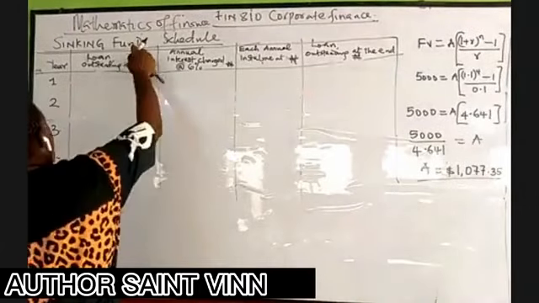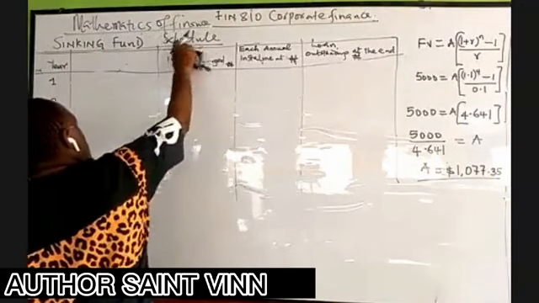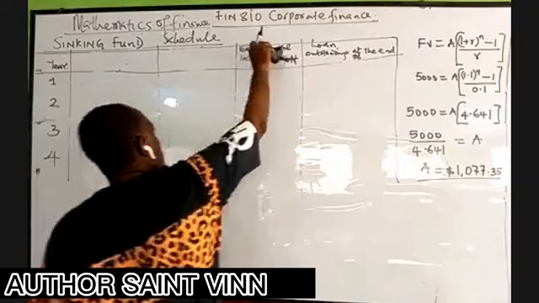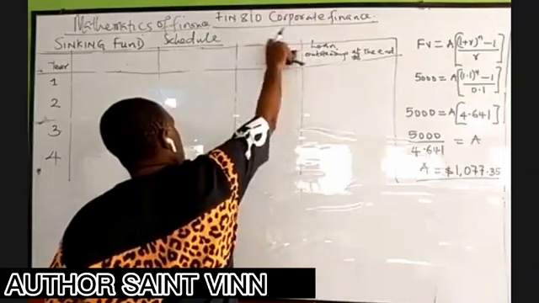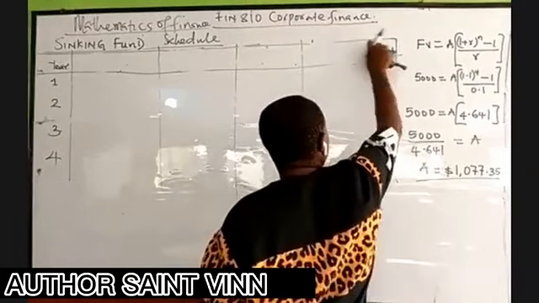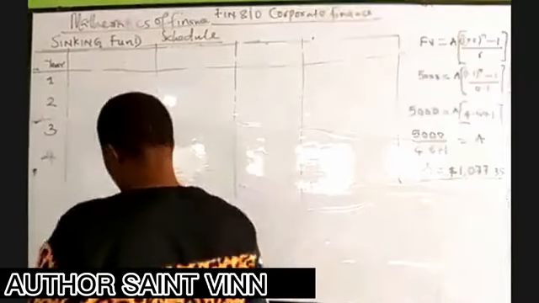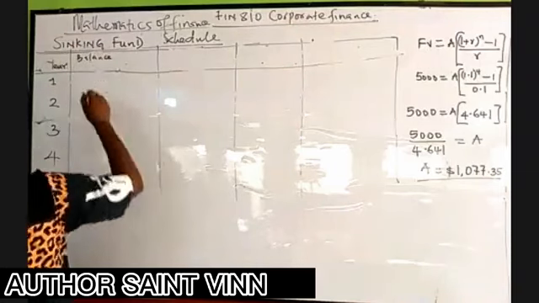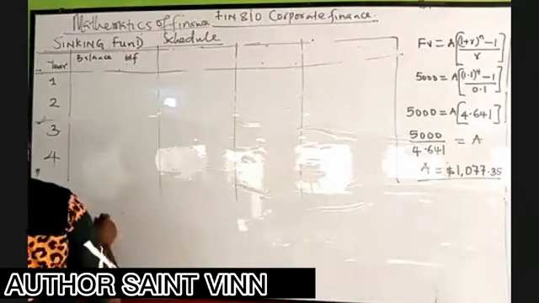This one is sinking fund. So we're now dealing with the sinking fund schedule. The first column is balance brought forward, BF.